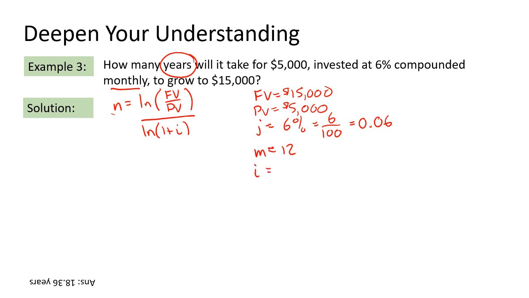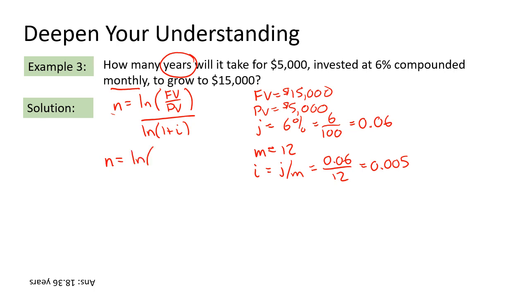So our periodic interest rate i is equal to j divided by m, which is 0.06 divided by 12, which gives you 0.005. So now we have all the information. We simply have to substitute it into this equation.